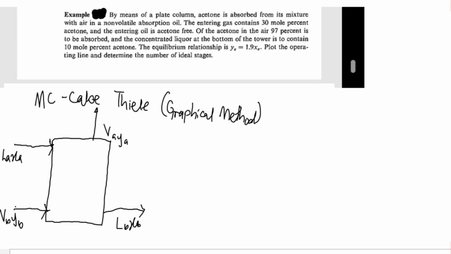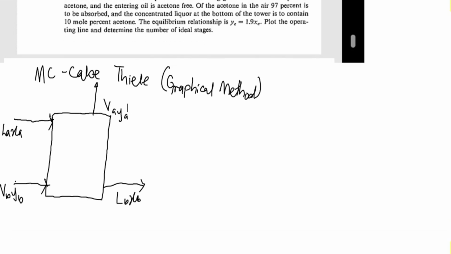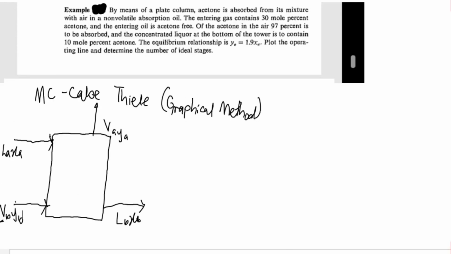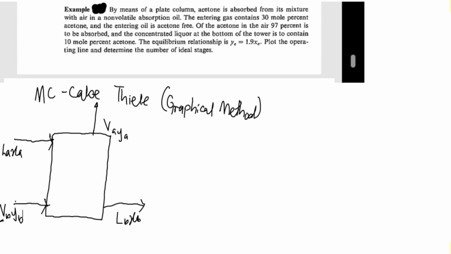So by means of a plate column, acetone is absorbed. From the question, we are told that it's absorption from its mixture with air, so the acetone is mixed with the air. You know that it's going to come through the vapor phase inlet, right? Here, this phase. The liquid that is flowing to absorb the acetone from the vapor phase is a non-volatile oil.